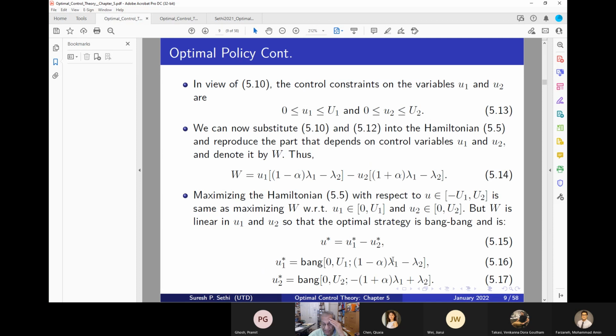That is the future value of that 1 minus alpha dollar. And the security that I sold, its future value is lambda 2. So if the future value of 1 minus alpha dollar of cash is bigger than the future value of $1 of security, then our securities are not very good to keep. So I sell as much as possible. If I could sell infinity, I would sell all of them. But I'm not allowed here.